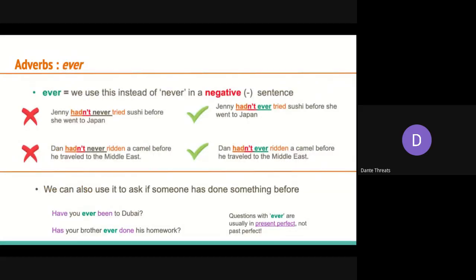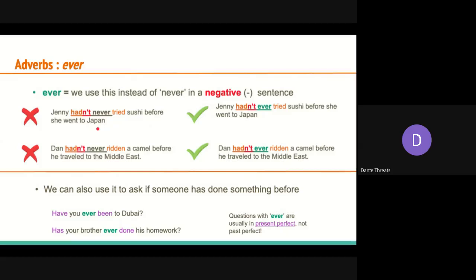All right. And the adverb "ever," right? We use this adverb instead of "never" in a negative sentence, right? Jenny hadn't never tried sushi before she went to Japan. Okay? This is not correct because these are two negatives.